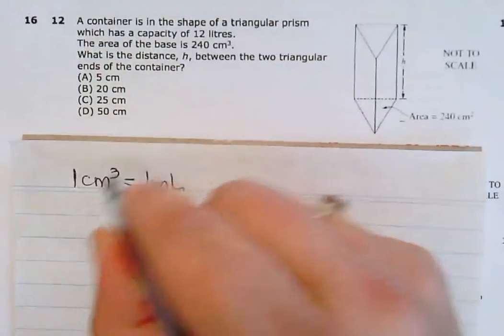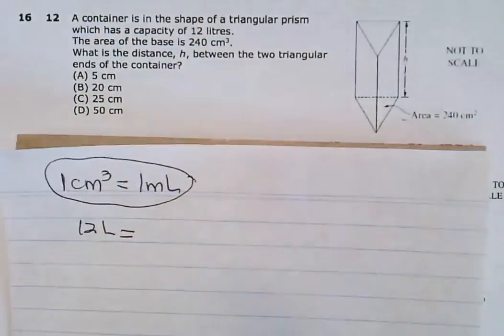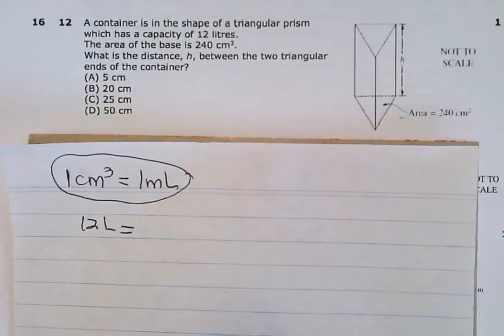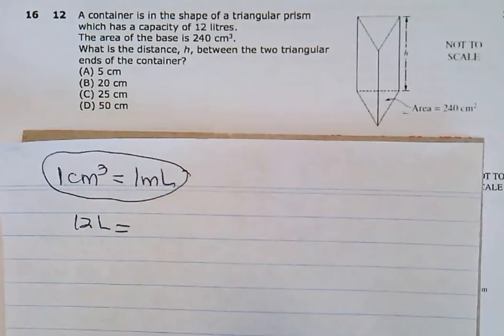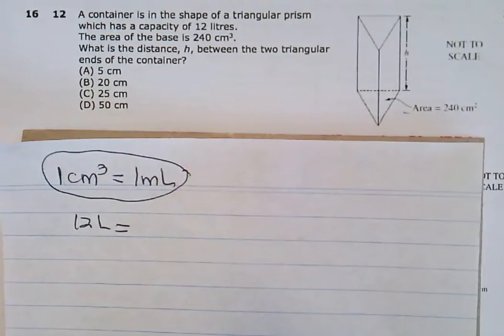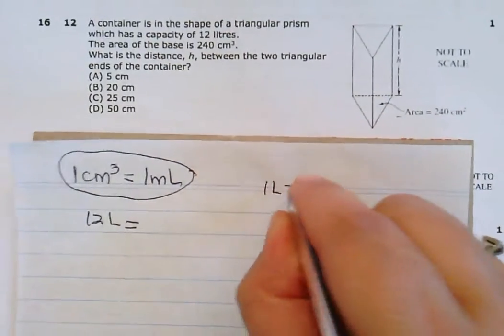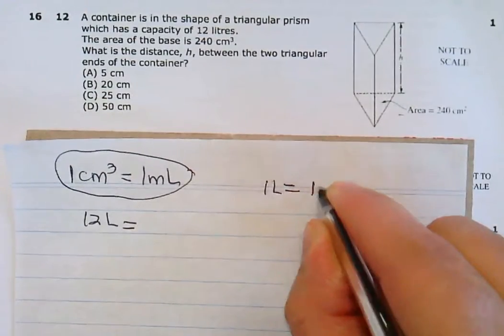Now, girls, we're going to use this conversion, but at the moment, the capacity is 12 litres. 12 litres is, can you convert that into another unit? What would you like to convert it into? Mils. Convert it into mils first. So 1 litre is how many mils, girls? Millilitres. 1,000 mils.